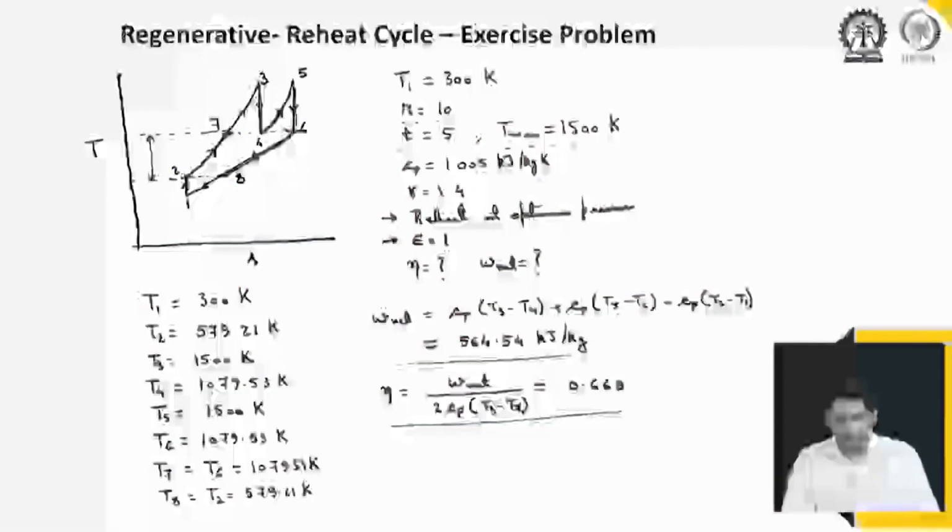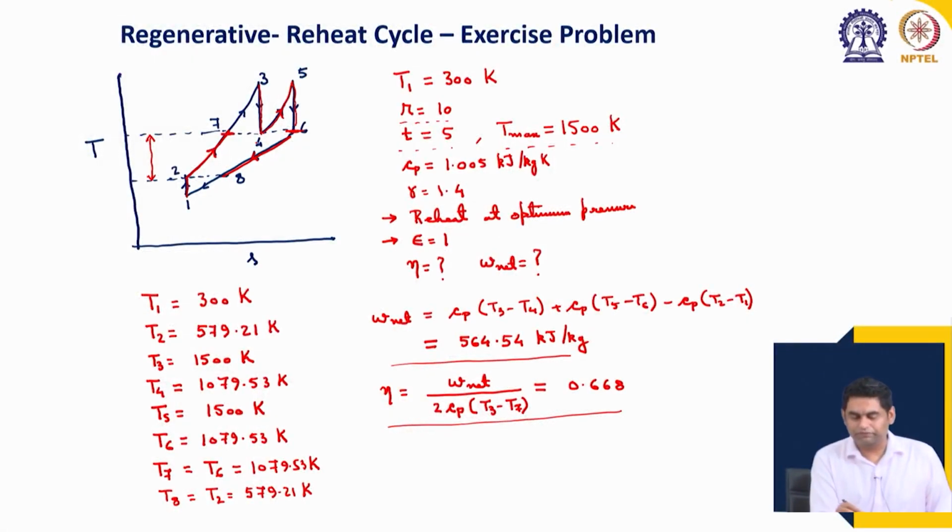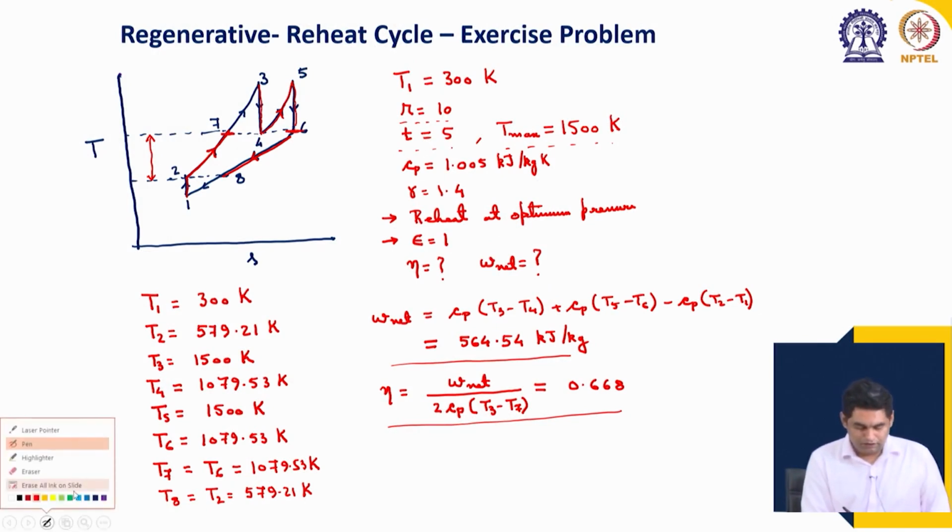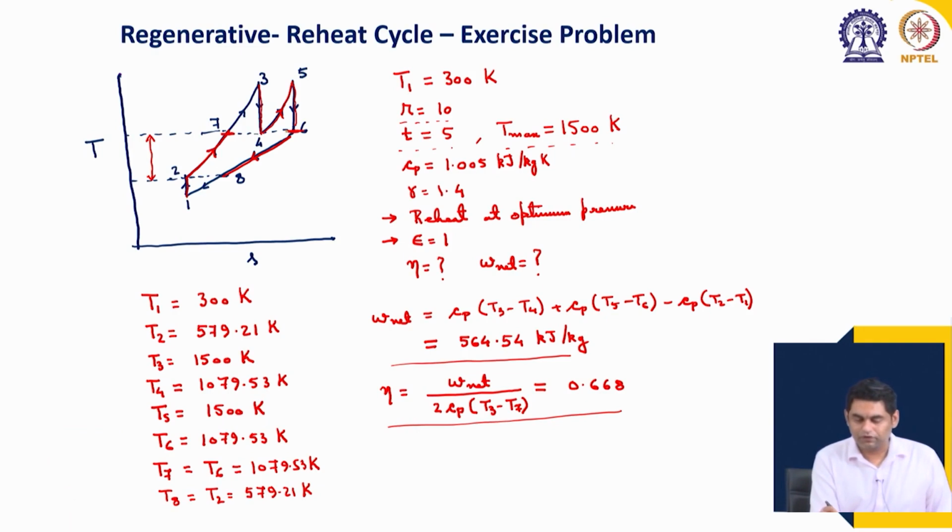So, we can think of it in terms of the cycle. When reheat is added, the exhaust gas temperature increases. So, after adding reheat, as a result the scope for regeneration also increases.